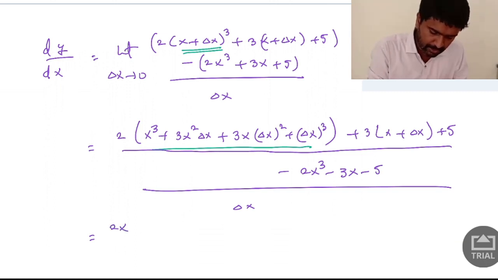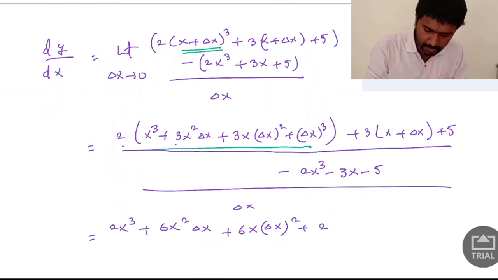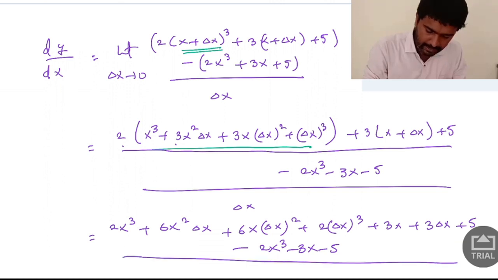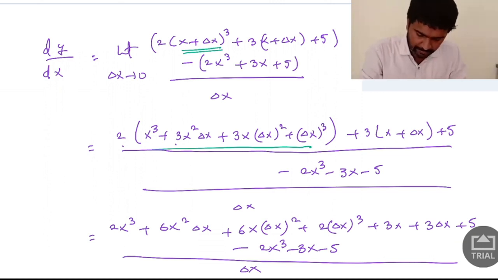So it will now be 2x power 3 plus 2 into 3, 6x square delta x, plus 6x delta x whole square plus 2 delta x whole power 3 plus 3x plus 3 delta x plus 5 minus 2x power 3 minus 3x minus 5, by delta x. So now you can cancel here: minus 2x power 3 plus 2x power 3, minus 3x plus 3x, minus 5 plus 5.